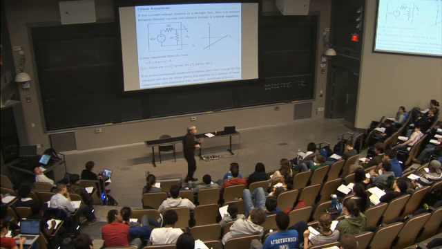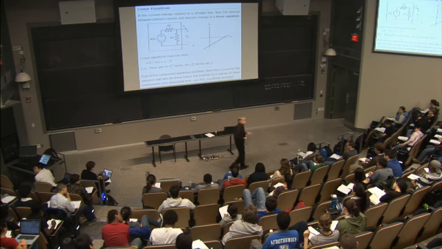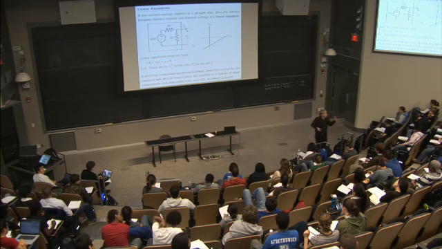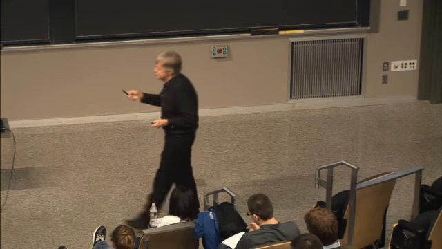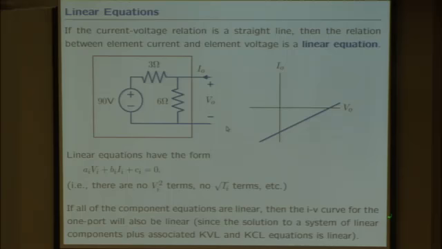When I'm all done, I'm left with a new linear equation. That's why if you start with parts that have linear IV curves, you'll end up with a straight line IV curve. So that idea that the IV function is a straight line is quite robust. It will happen anytime you build a circuit out of ideal parts, where by ideal parts I mean Ohm's law resistors, voltage sources, and current sources.